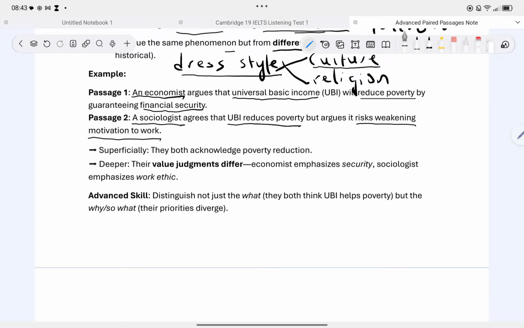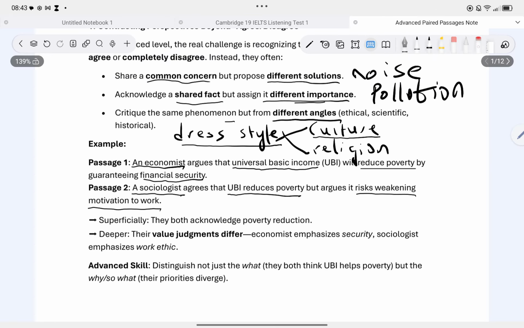So, while they agree on the same thing, you can also see that passage 2 places a subtle disagreement. They agree, but there's a subtle disagreement, which is the angle from which they look at it.